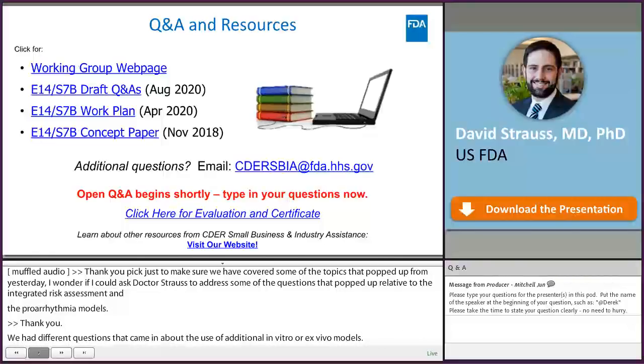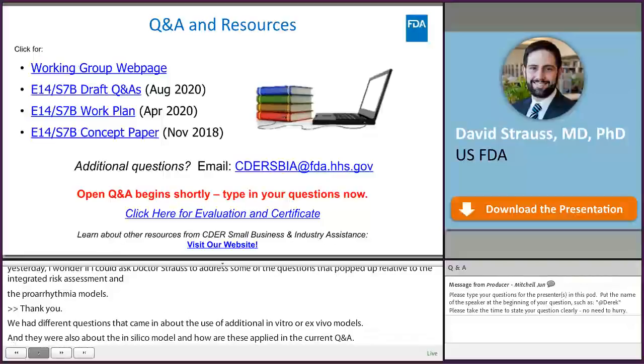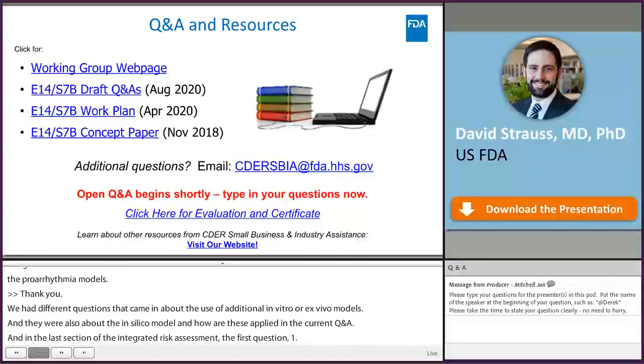In the last section of the S7B Q&A 1 on integrated risk assessment, the first question there, 1.1, has a section on what to do when the HERG assay and/or in vivo QT assay suggest an effect at clinical exposures.